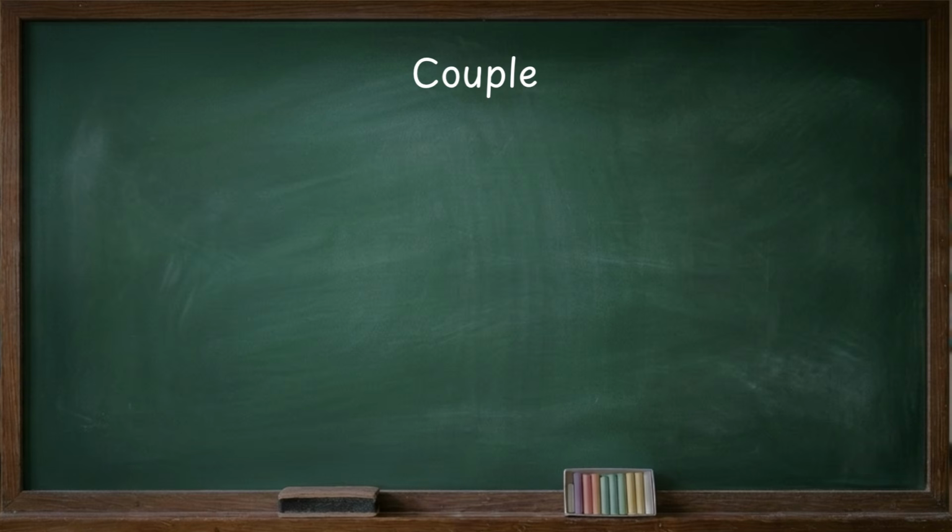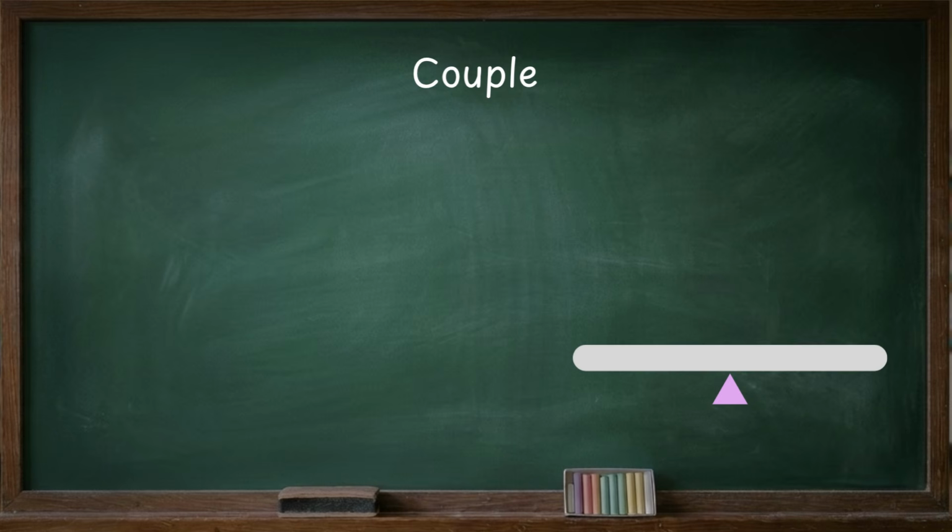Now, let's look at the math behind how a couple works. Imagine a straight metal bar, AB, that is pivoted right at its center point, O. Let's apply two equal and opposite forces, each of magnitude F, at the two ends, A and B. Because these two forces are completely equal in size, but opposite in direction, they cancel each other out horizontally and vertically.